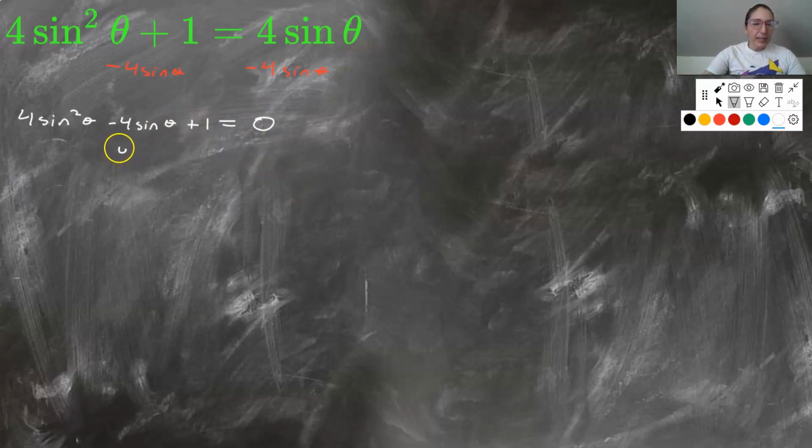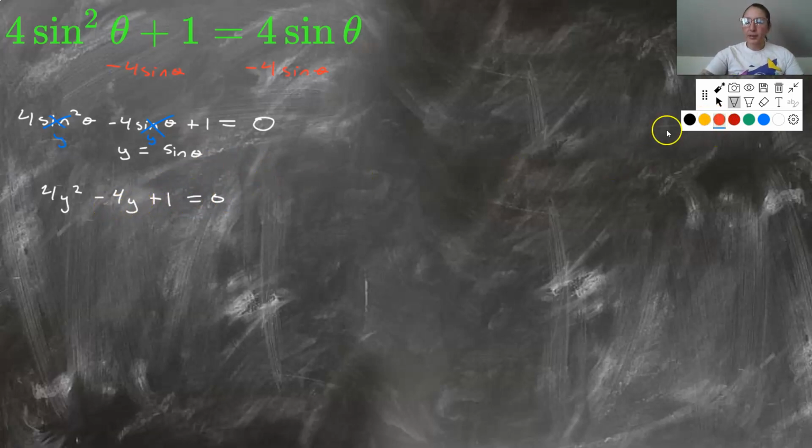Let's again let y, and you just choose your favorite letter here, equal sine theta, which means all those are now y's. So now I'm solving for 4y squared minus 4y plus 1 equals 0.